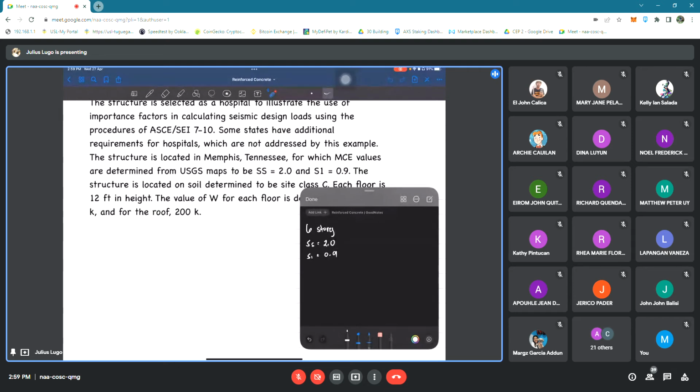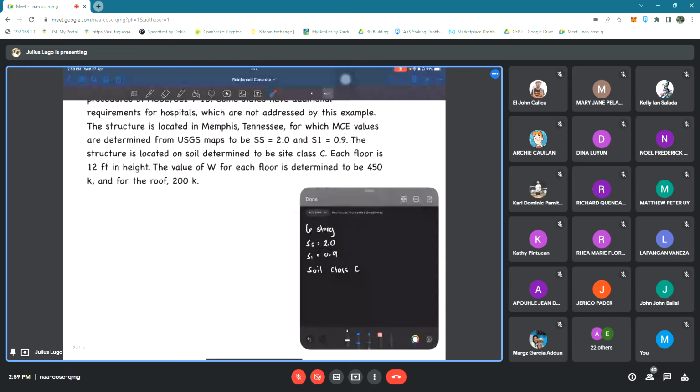Okay, so the structure is located on a soil determined to be site class C, and then each floor is 12 feet in height. So height of x is equal to 12 feet.